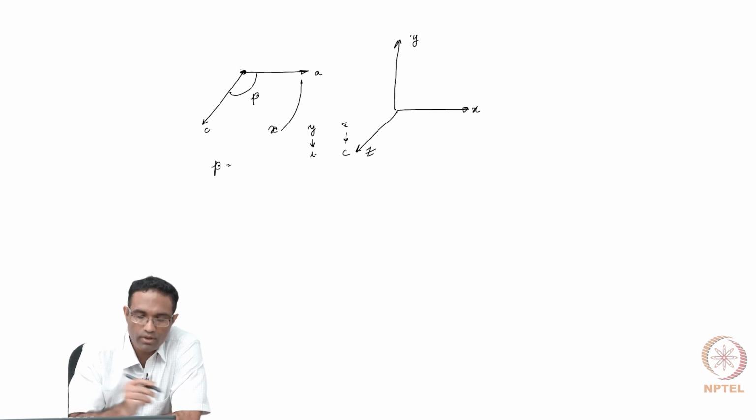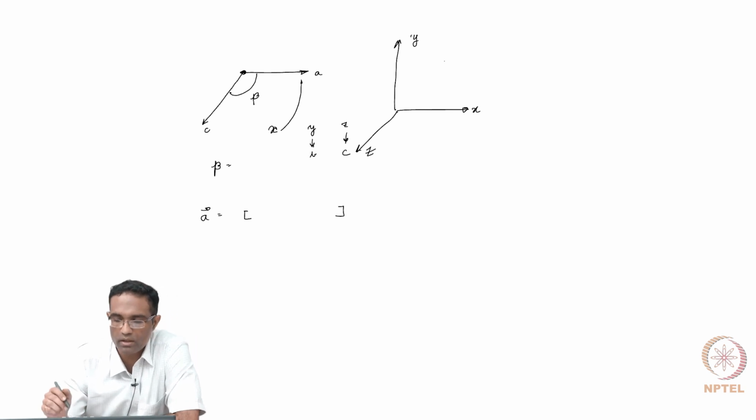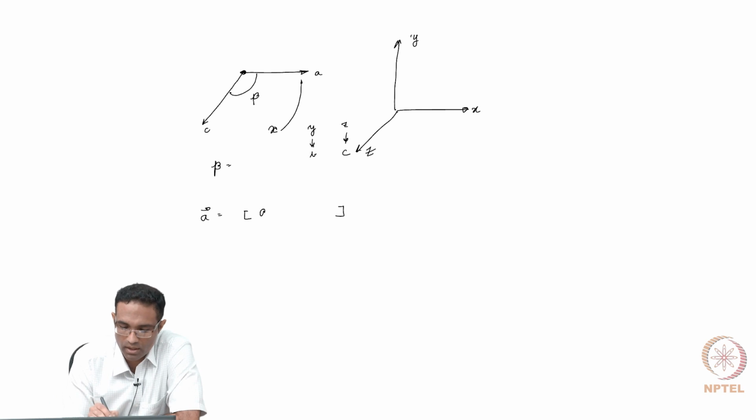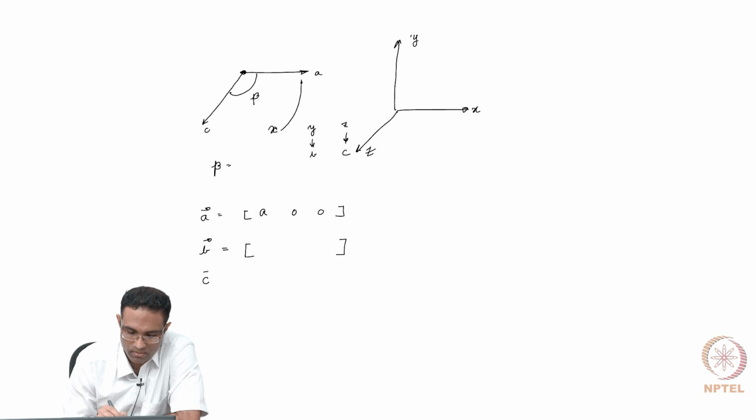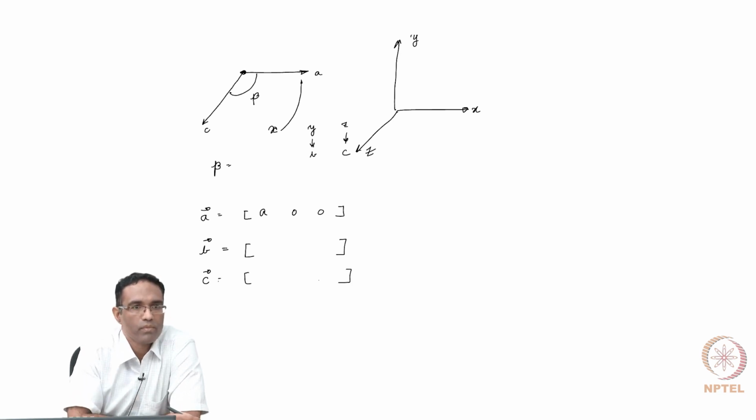So we have to be careful in the manner we specify the lattice vectors for this. So it is obvious that the a lattice vector, if you try to write it in terms of our Cartesian coordinate system, is nothing but a, 0, 0, okay. The b lattice vector and the c lattice vector need to be specified, okay.